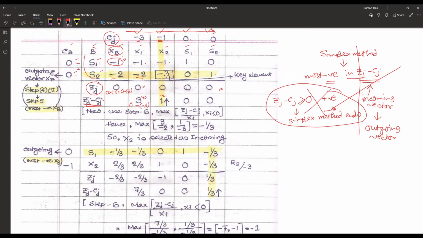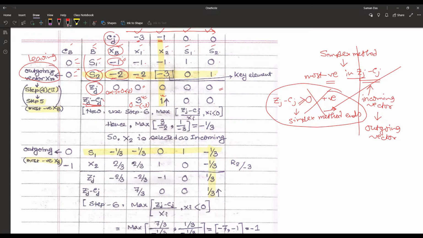All the Zj minus Cj are positive, but both the xb are negative. So which one is the most negative? -2. So we are considering S2 as our outgoing vector or leaving vector.